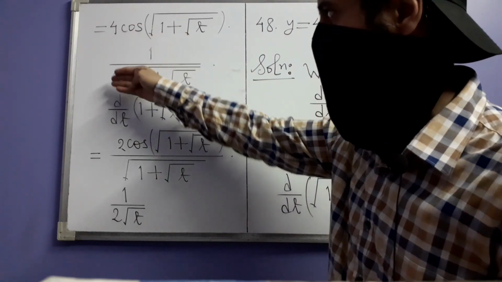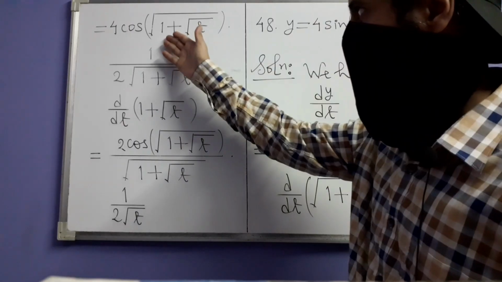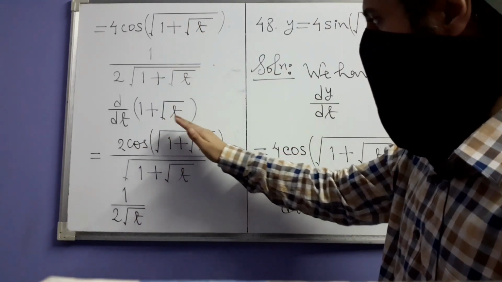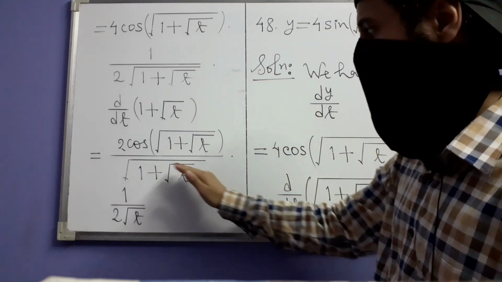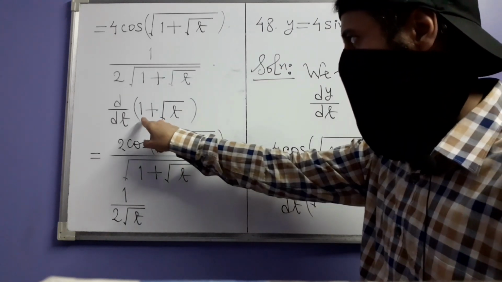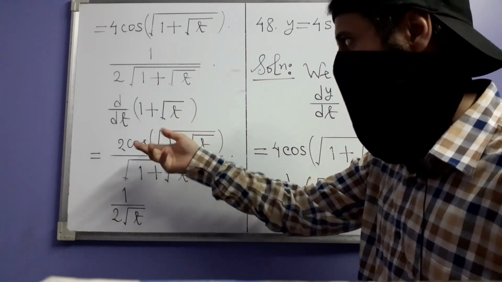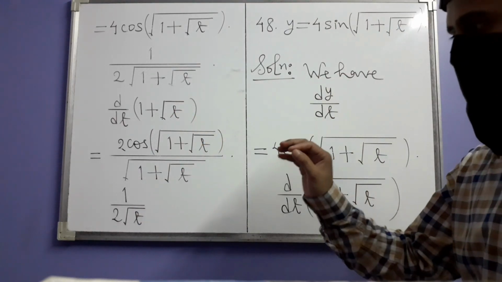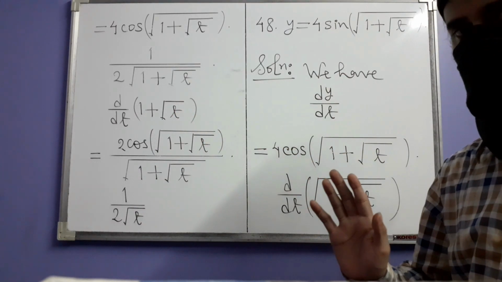Now we did a little cancellation here, 4 divided by 2 is 2, and we have clapped these things together like this, cos root 1 plus root t divided by root 1 plus root t. And what is this? 1 gives you 0 and derivative of root t is 1 divided by 2 root t. So now the differentiation process has stopped.